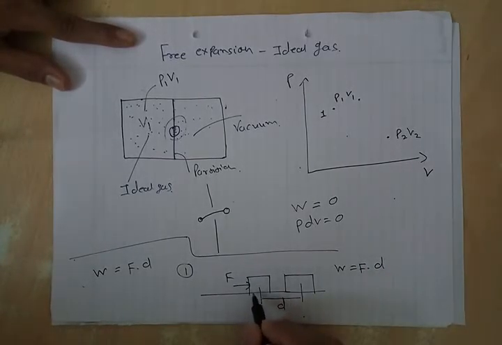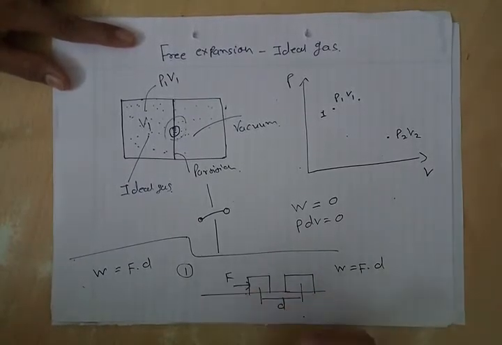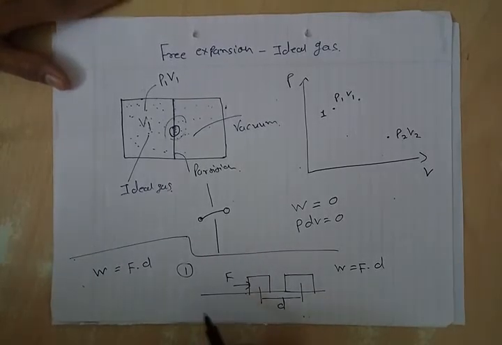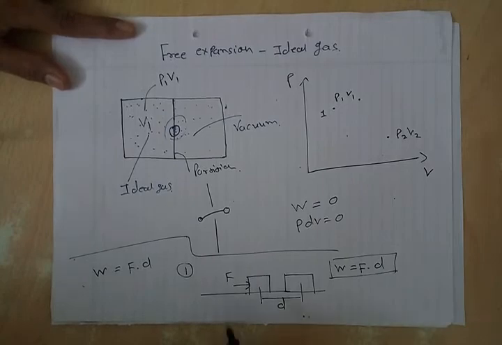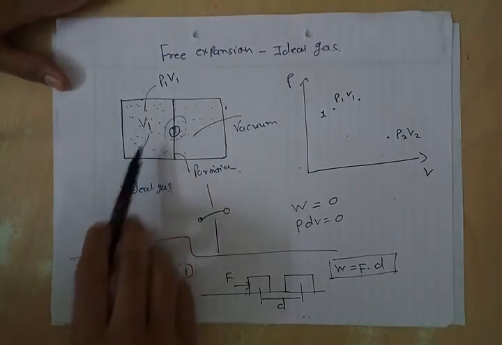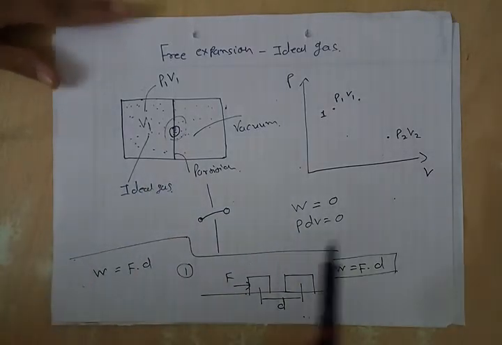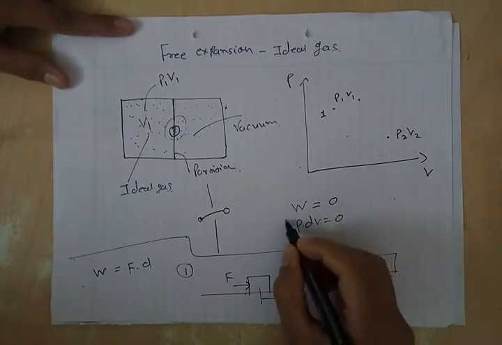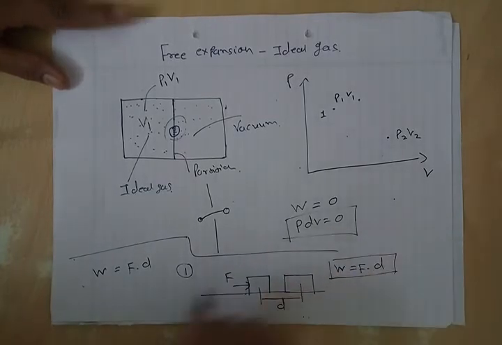And because of this rough surface, a resistant force is applied opposite to this force, and because of this resistant force we can calculate this work. But here there is no resistance which opposes the movement of the particles, so PdV work will be zero. Although volume changes, PdV work is zero here.